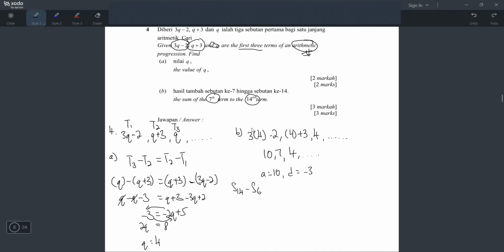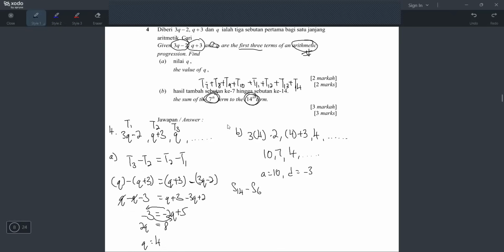Because if I want to find the sum of the 7th term until the 14th term, it means I need to find T7 plus T8 plus T9 plus T10 plus T11 plus T12 plus T13 plus T14. This is what it means, right?